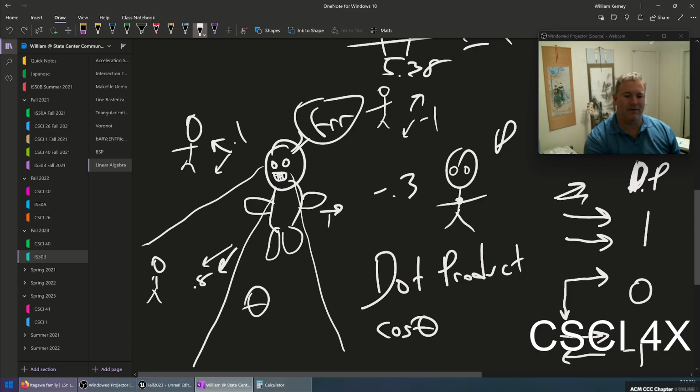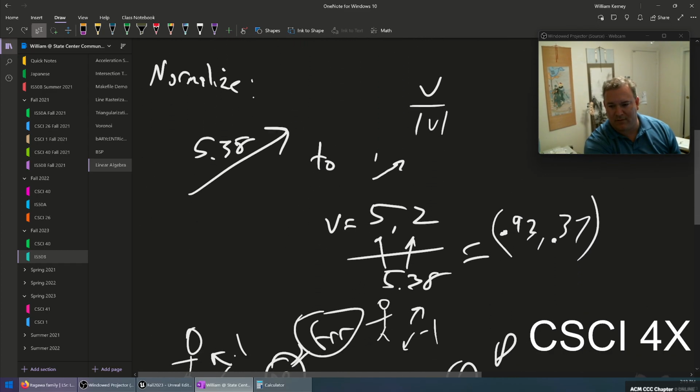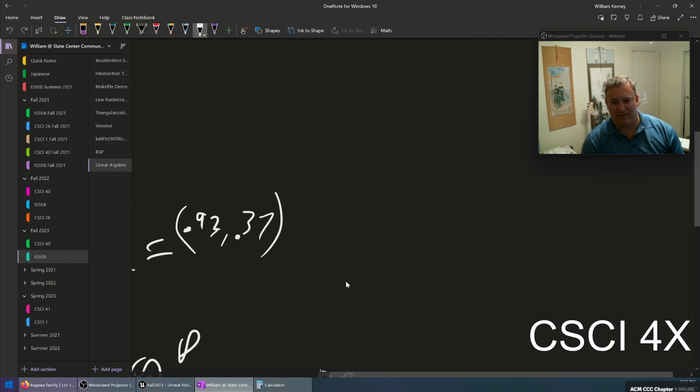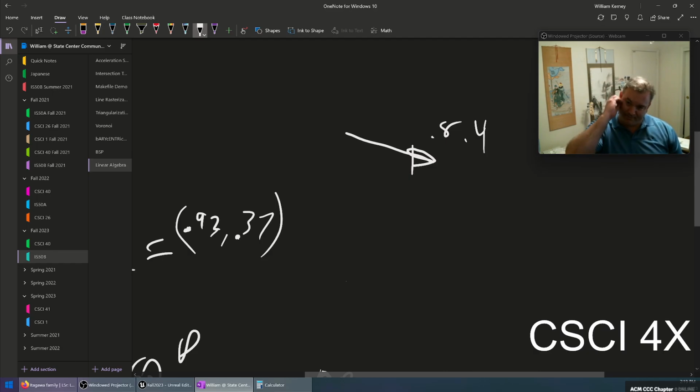So how do you figure out the algebra for dot product? Let's say this is our normalized displacement vector over here, 0.93, 0.37. And the monster is looking, I don't know, in this direction over here, which is going to be like 0.8 to the right, and like 0.4 down, something like that. 64 plus 16 doesn't quite add up to 1.